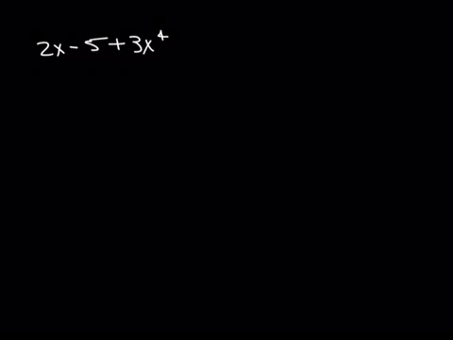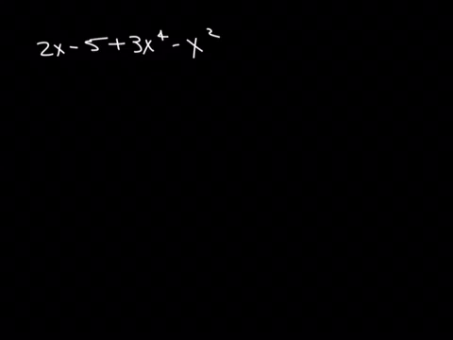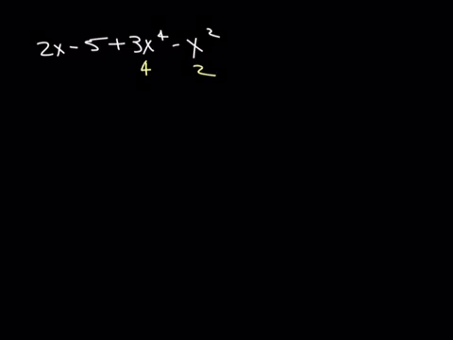Let's look at example 1 here, and they're asking us to write this in standard form and then state the degree of the polynomial and the leading coefficient. Okay, so what we're going to do here is look at the degree. The degree here is 4, the degree of that is 2, the degree of that is 1, the degree of that is 0. So we just put them in that order, 4, 2, 1, 0.